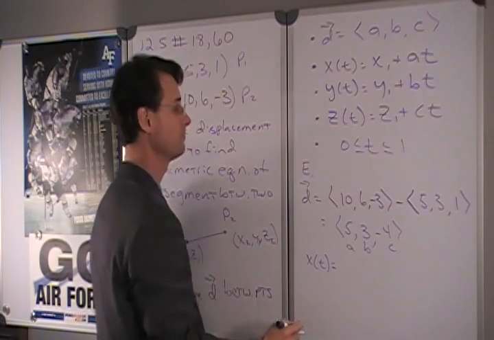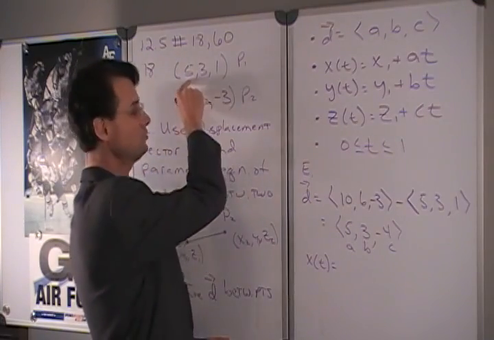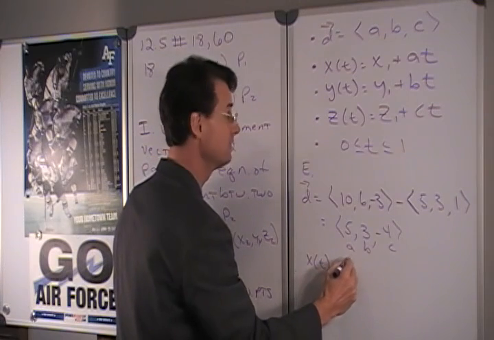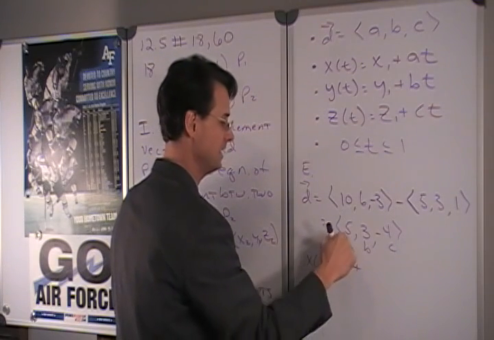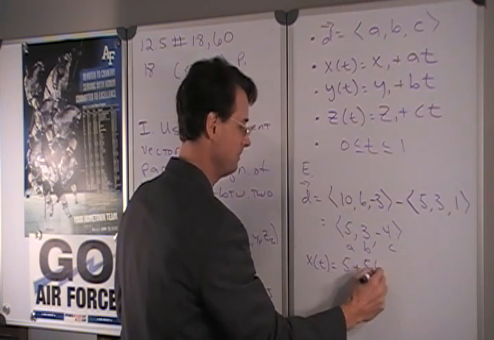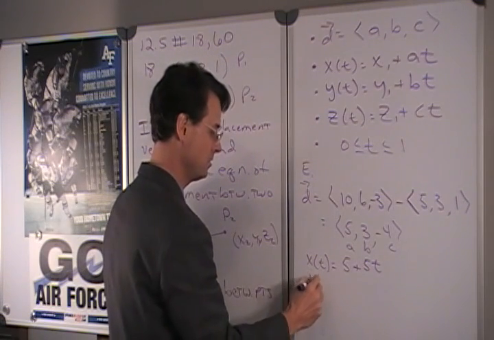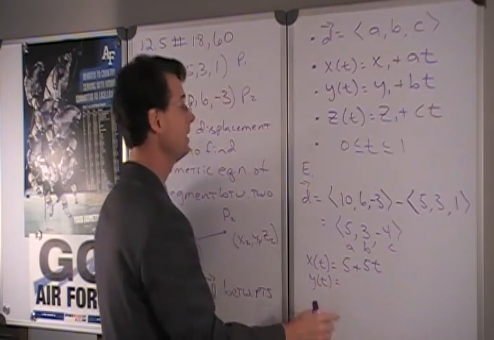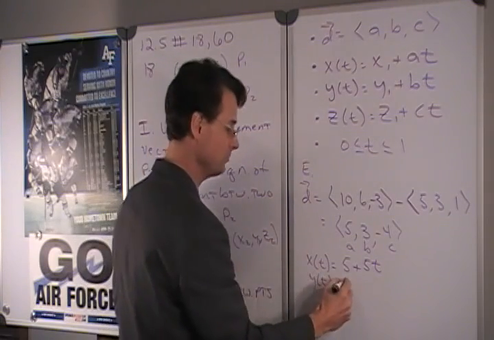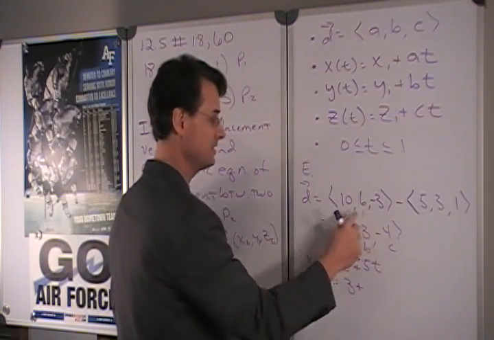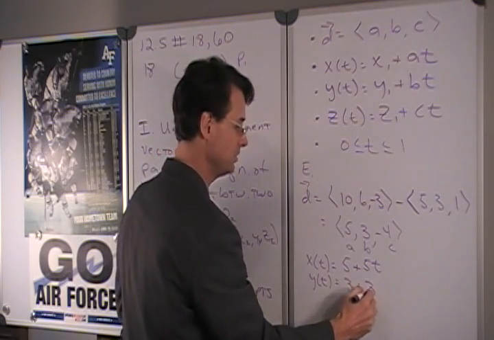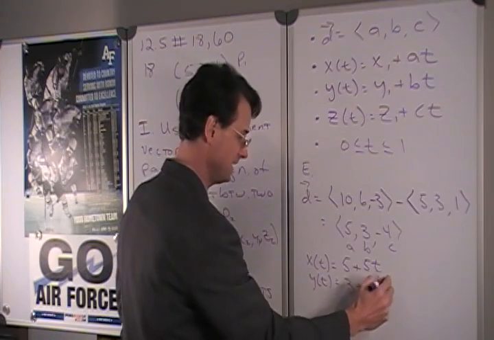X of t is going to be x1, which was 5, plus A, which is 5, times t. y of t is going to be y1, which is 3, plus b, which is 3, times t.